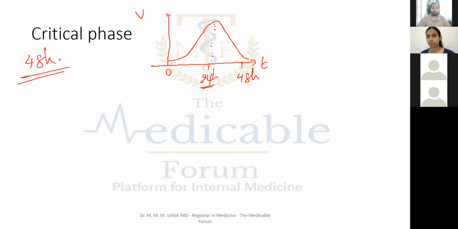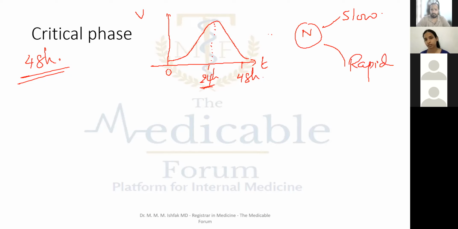The next point I want to tell you is that not everyone will follow the same trend. This is the normal trend. There are outliers. There are people who are slow leakers. There are people who are rapid leakers. Now, how would a slow leaker look like? The leak would be slow and then peak, right?